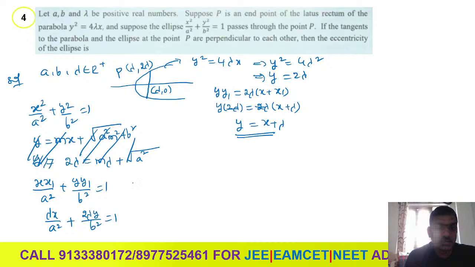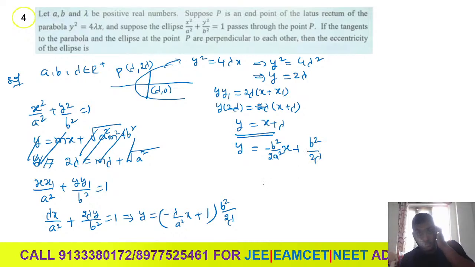If we simplify this, we get y equals minus b square over 2 a square times x plus b square over 2 lambda.